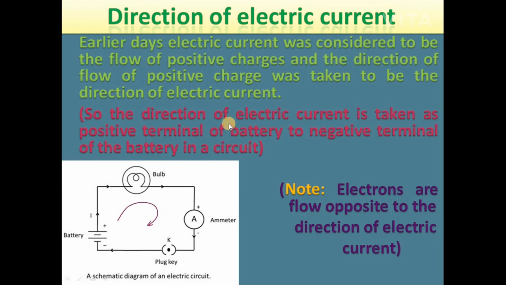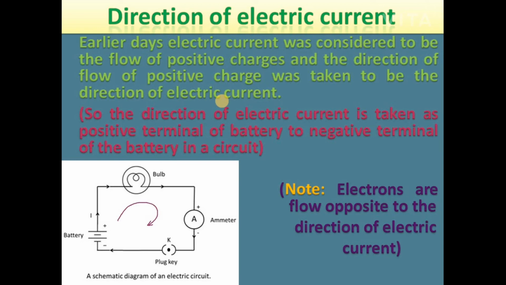In earlier days, electric current was considered to be the flow of positive charges, and the direction of flow of positive charge was taken to be the direction of electric current. This was found by Benjamin Franklin.